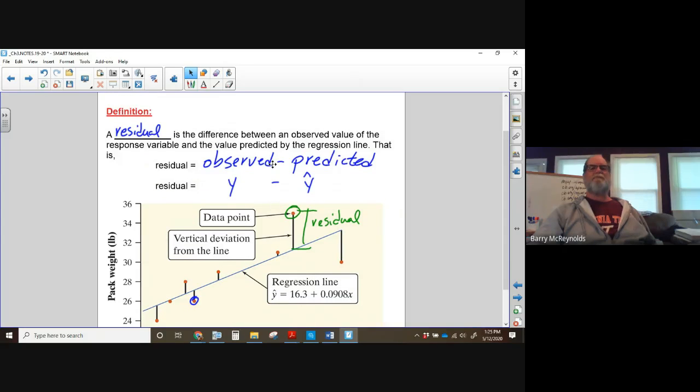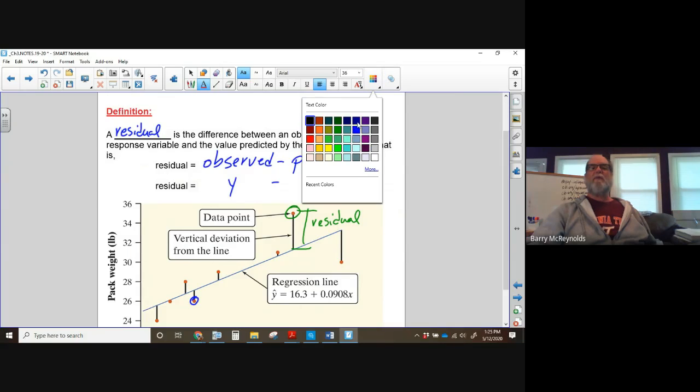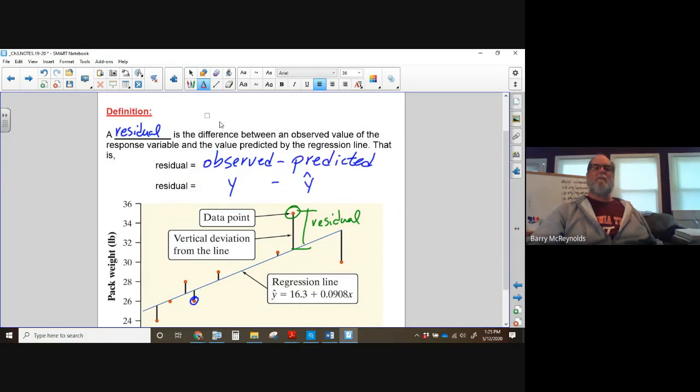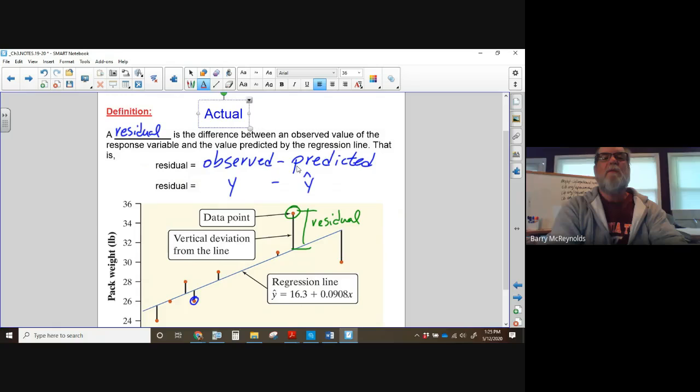And in statistics, especially in AP statistics, there's a really good way to remember how this residual is calculated. It's calculated as the actual minus the predicted.